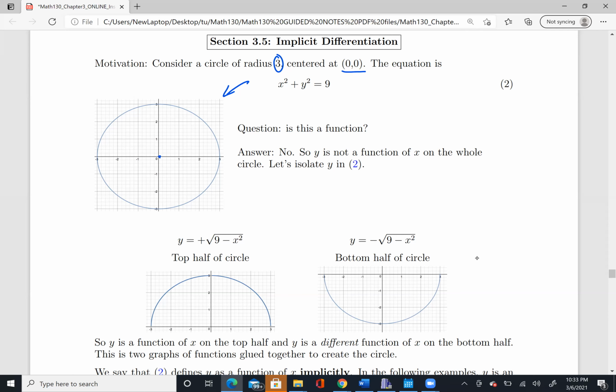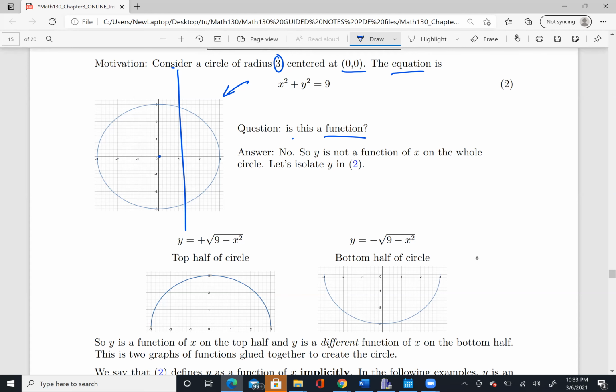Now I would like to ask you: is this a function? I call this the equation. In order to check if it is a function, you can use the vertical line test. So let's draw a vertical line. Let me try one more time.